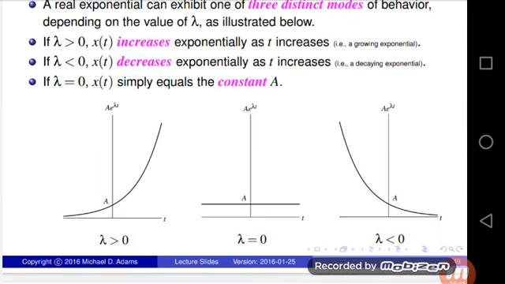If lambda equals 0, x of t is simply constant. So these are the three different behaviors of the signal, depending on lambda. When we change lambda, the wave shape automatically changes.